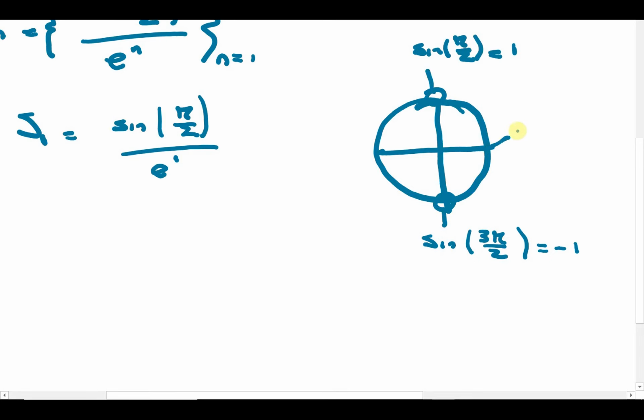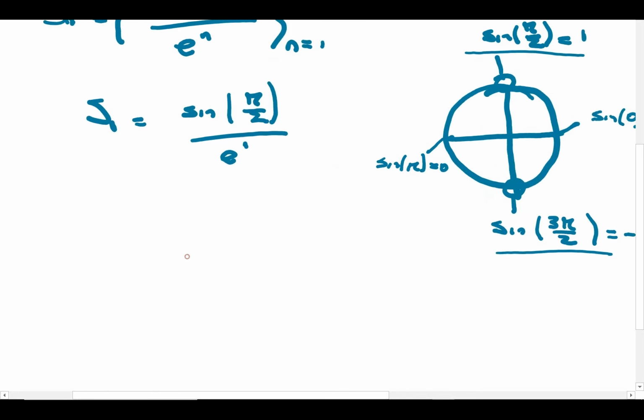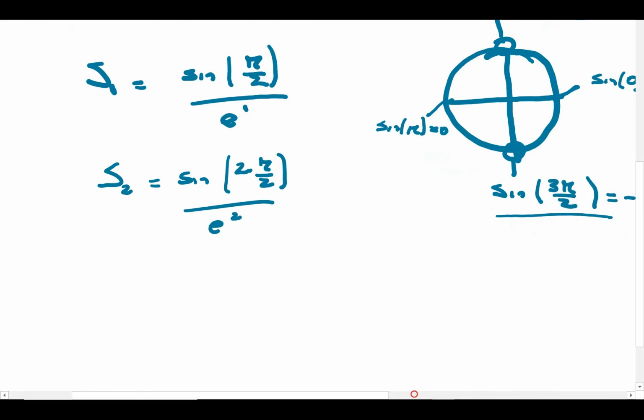And then right here, sine 0 is 0, and here sine pi is 0. So as we get to s2, we get sine(2 times pi over 2) over e squared, and this is just sine(pi) over e squared, which we know is 0 because the numerator is 0.